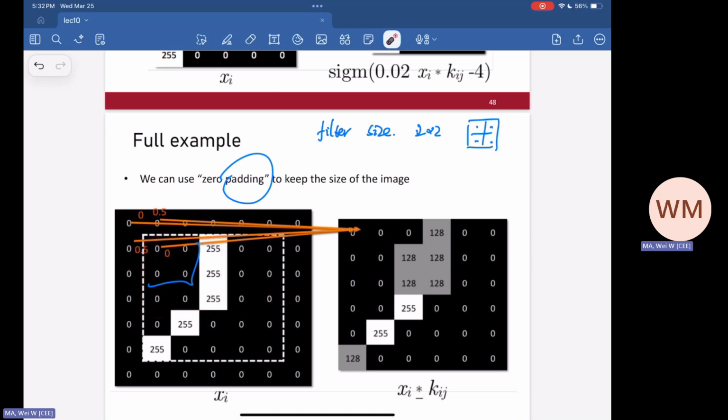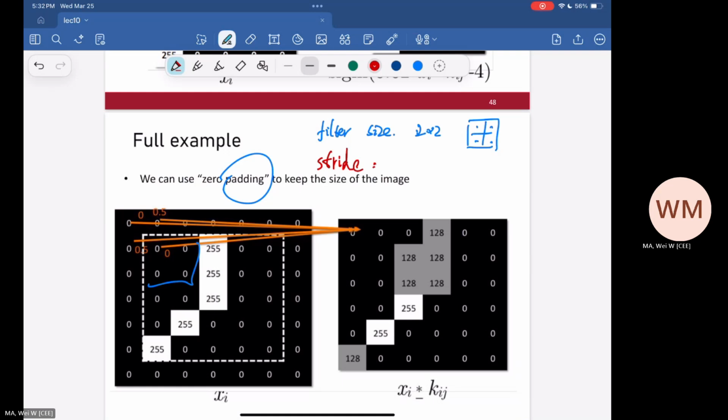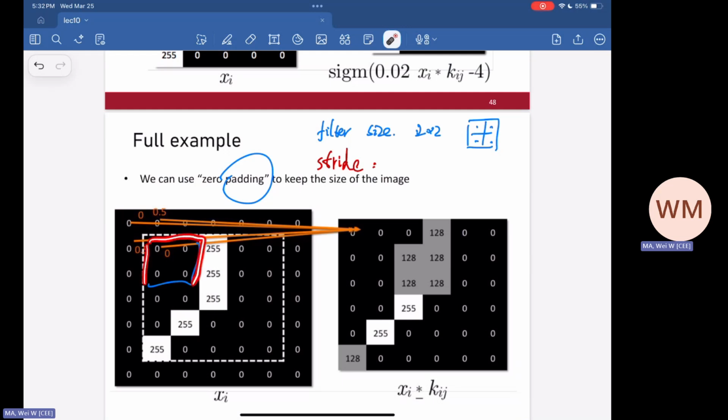Okay, so there's another concept called stride. I think from the name, you understand what it means. Stride means how long a step you take. So for example, here, every time we move by one cell. In this case, this is called stride equals 1. What happens if stride equals 2?